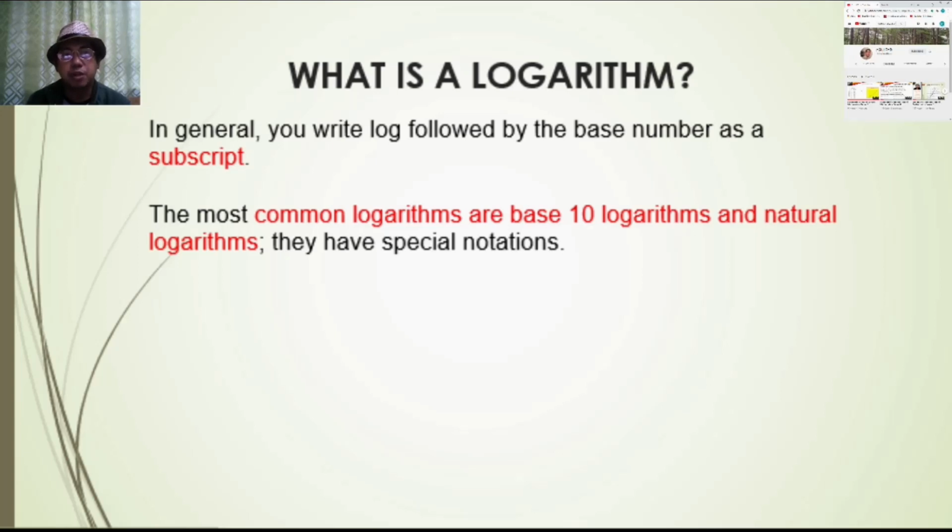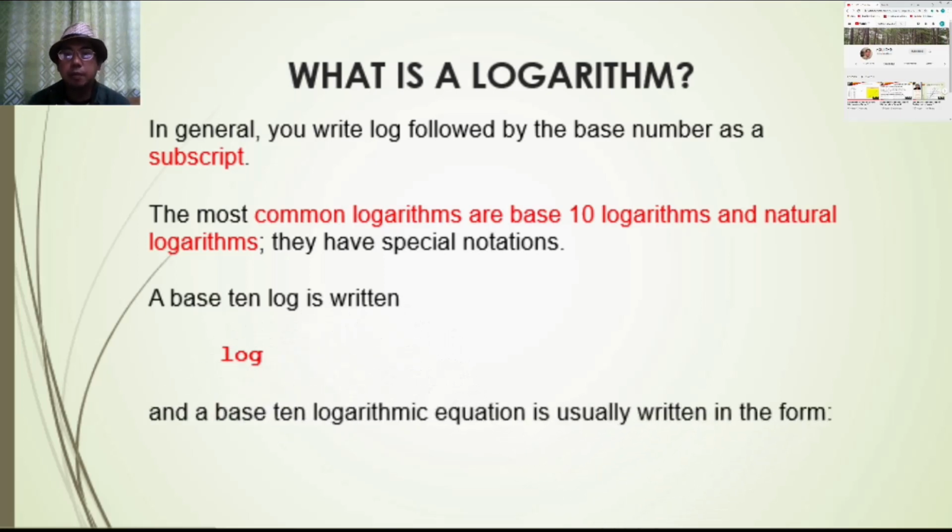They have a special notation, such as when we have this one, base 10 log, this is written using the word log. And a base 10 logarithm equation is usually written in the form log of x with the base 10 actually, okay, is equal to y.